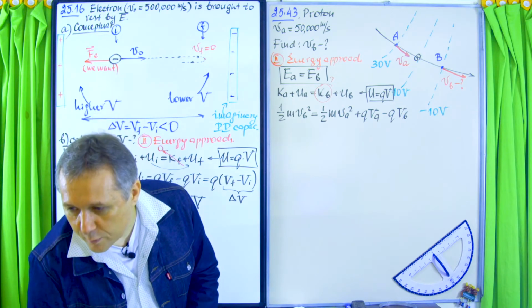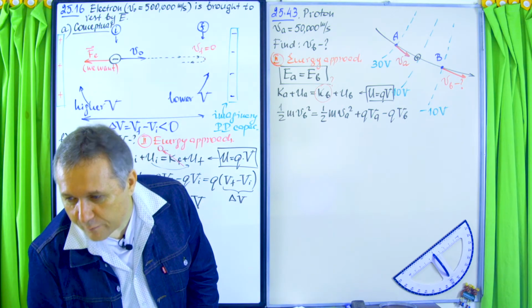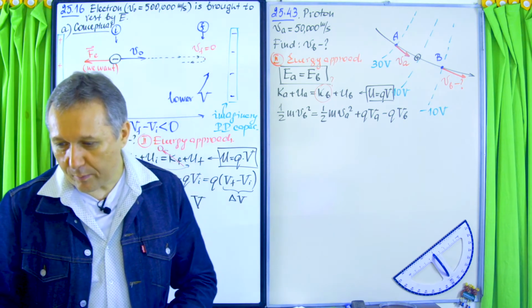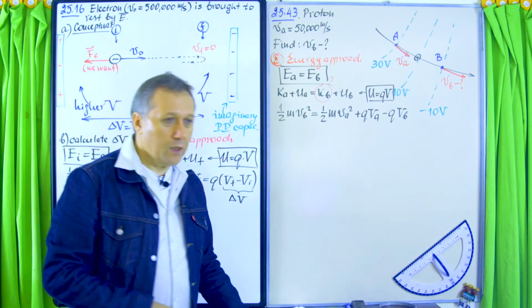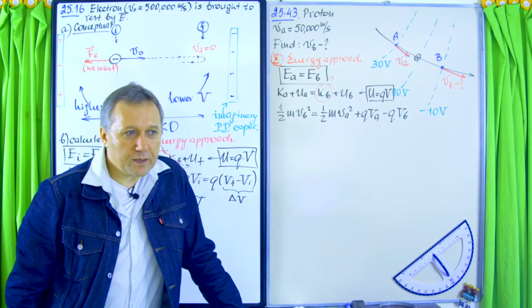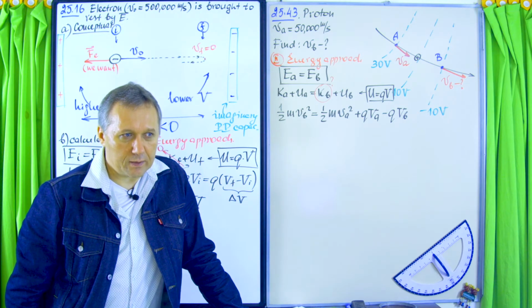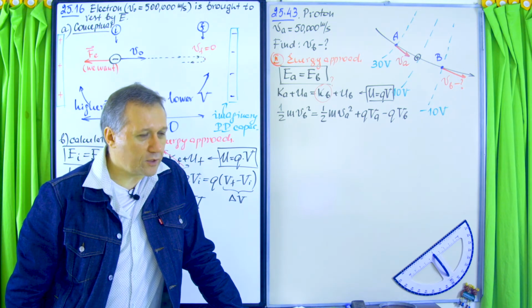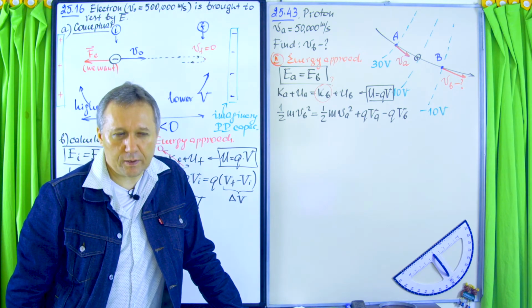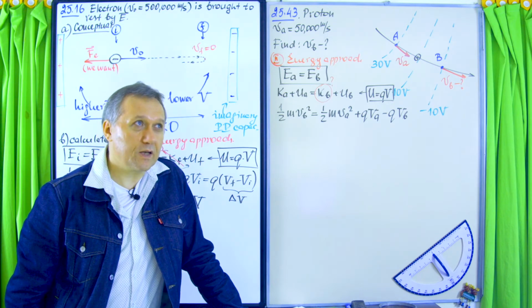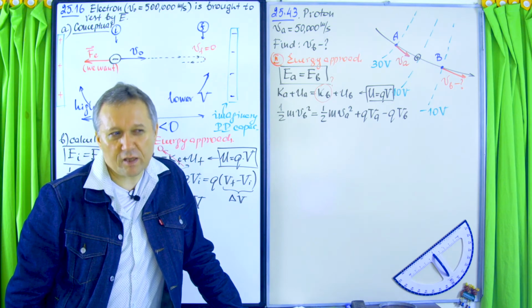Okay, Sophia, I see the question: is there an example of when the force approach will work, but the energy approach will not? Yeah, I'm sure that we can come up with a situation like this. I just cannot recall when I saw an example like that, but I'm sure that it can be constructed.